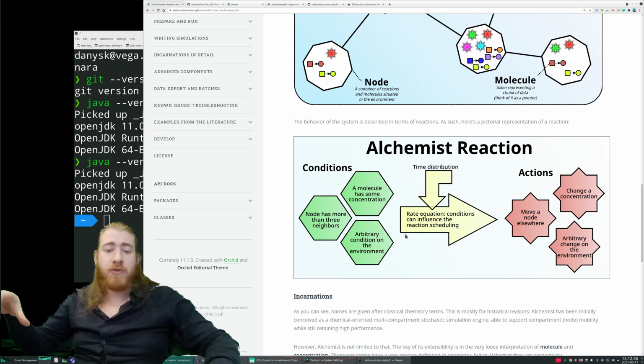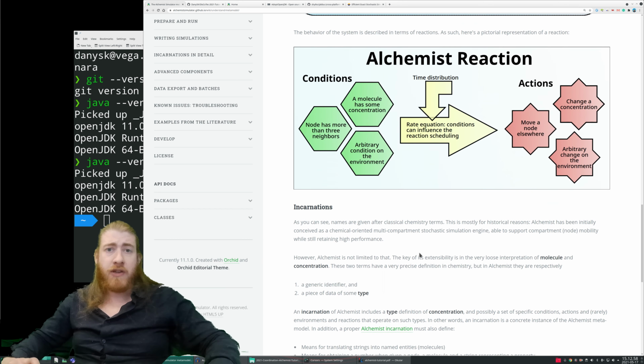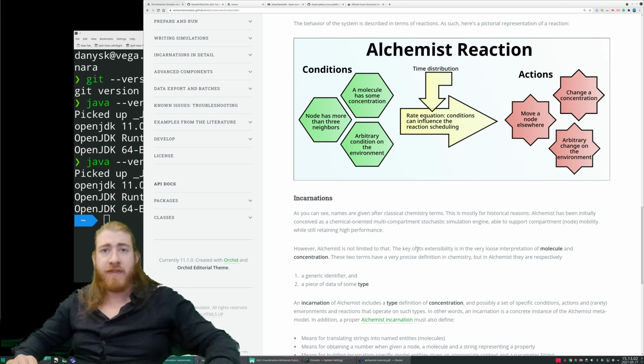This is intercepted through a network of dependencies, and the simulator needs to know what some reaction reads or writes in order for it to build a dependency graph and speed up the execution of the simulation. One key element of Alchemist is its extensible architecture.